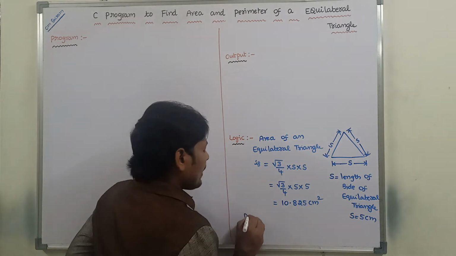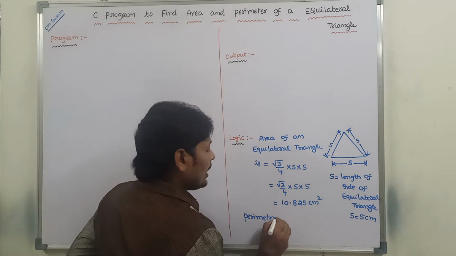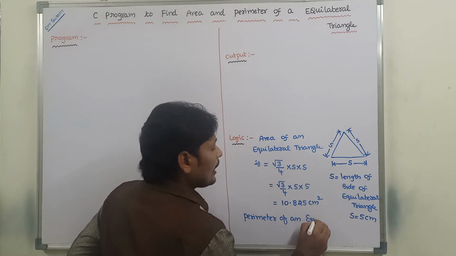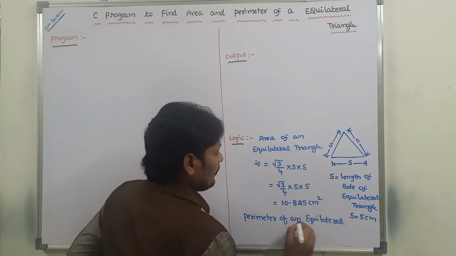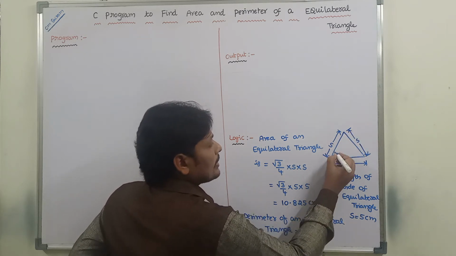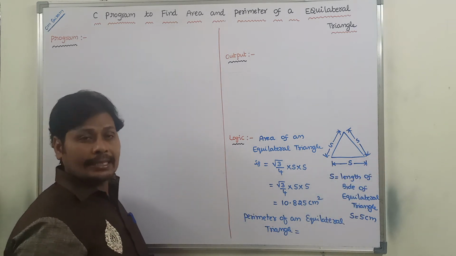Then what is the perimeter of an equilateral triangle? Perimeter is nothing but the sum of this side, this side, and this side, including these three sides.